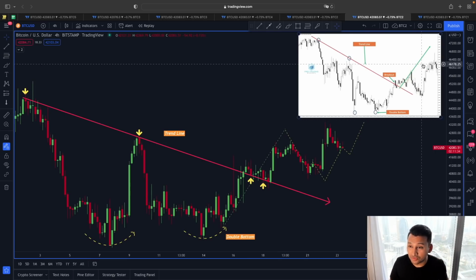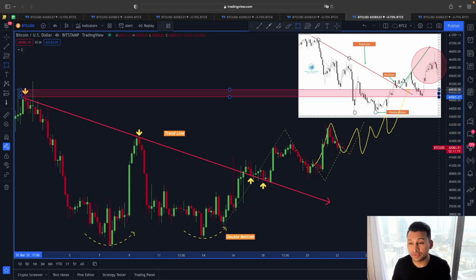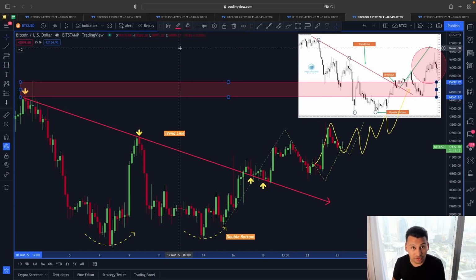What does this mean? If you look at this example to the upside, the price of Bitcoin could be showing more of a range bound type of formation before again trying to break out of this 44 to 45,000 area. So that's why for us it's so important that the price of Bitcoin manages to stay above this 40,000 to 42,000 area.